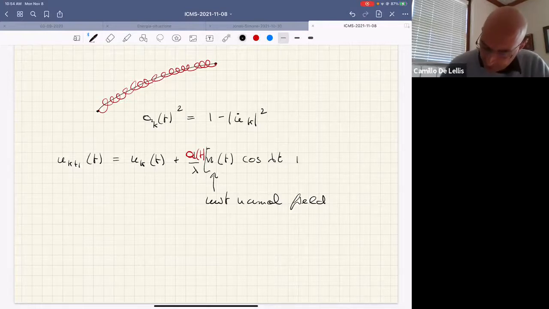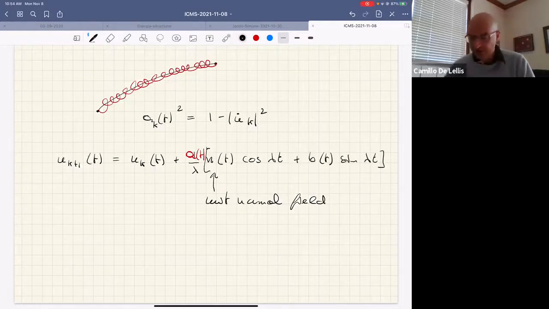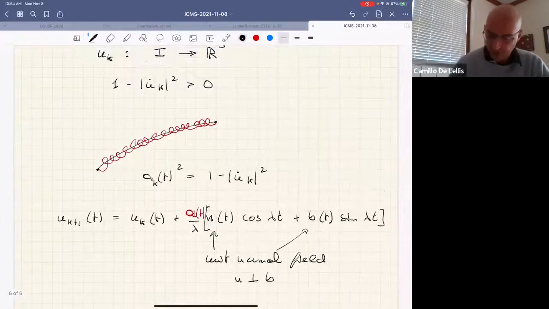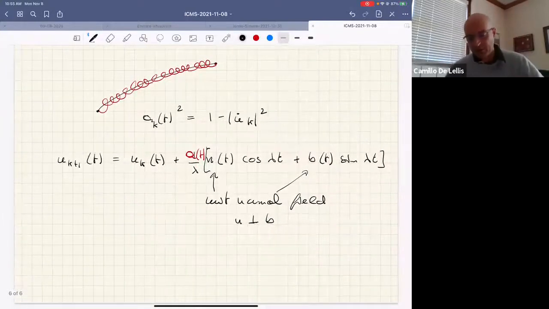Then let me put a second vector field B of t, which is suggestive of taking the binormal. What I want is that both n and b are unit normal, and I also want that n is orthogonal to b. That is the reason why I'm taking codimension 2 in this construction.